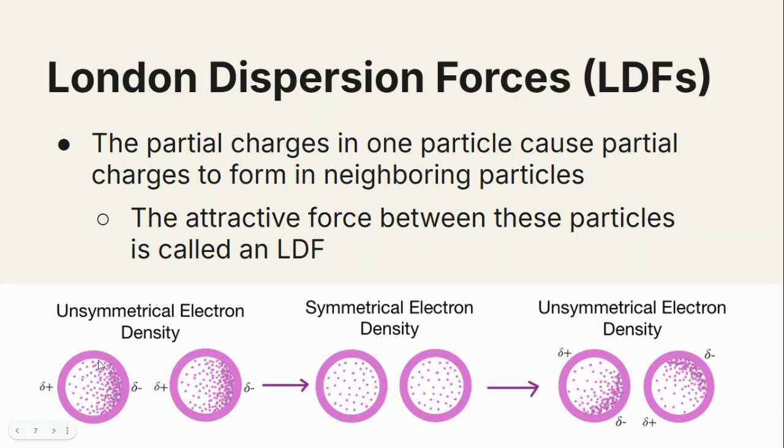So the random distribution of these electrons causes electrons to be unevenly distributed in neighboring particles, which is going to form partial charges in the neighboring particles, which we know then opposites attract. So the attraction between these slight charges would be called an LDF.